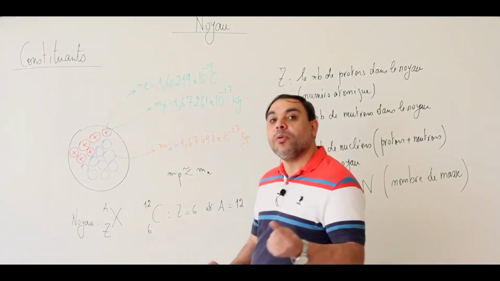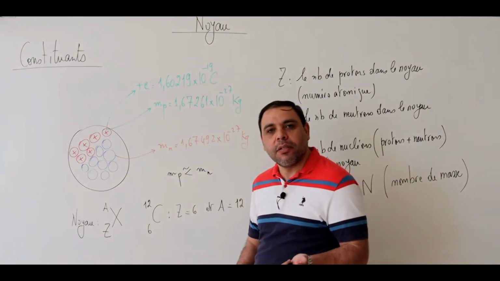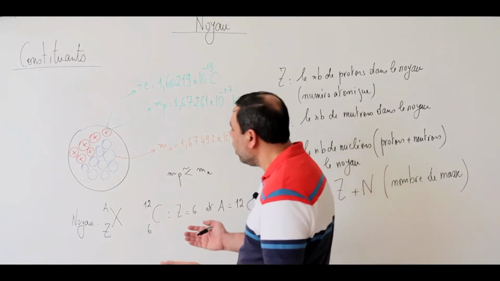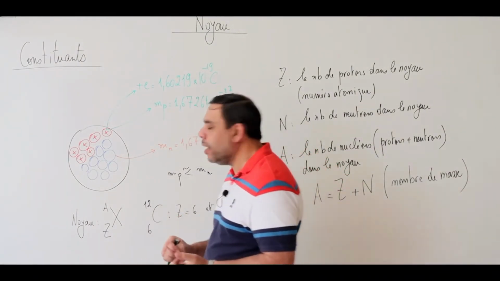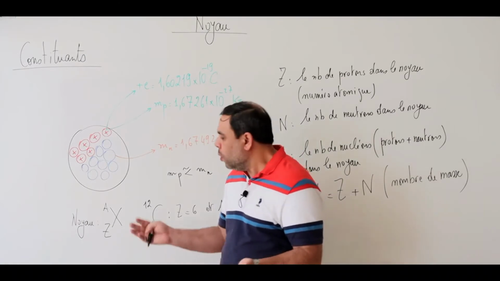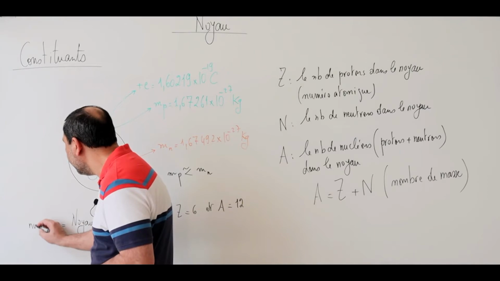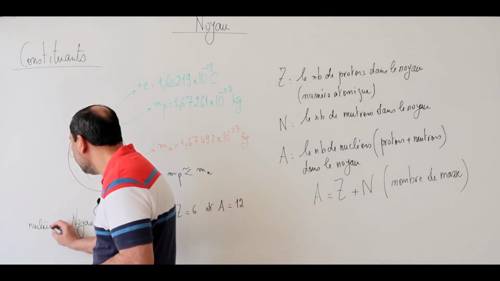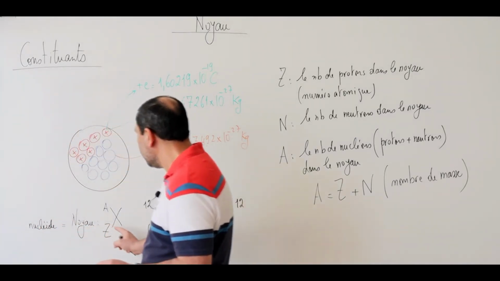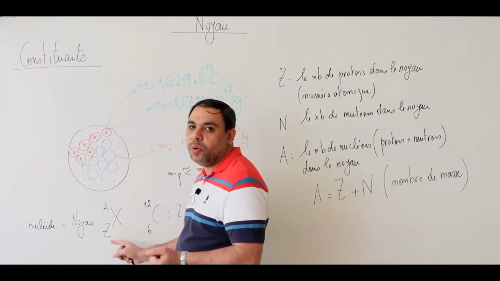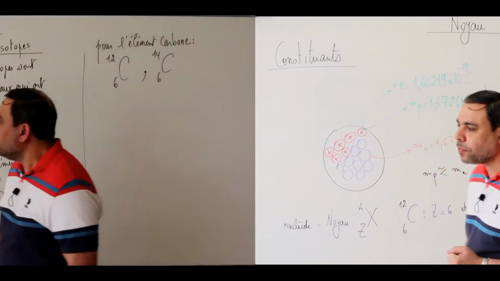That is to say, we also have 6 neutrons. This is the symbol of the nucleus. The nucleus is also called the nuclide. We say the nuclide X or the nucleus X.